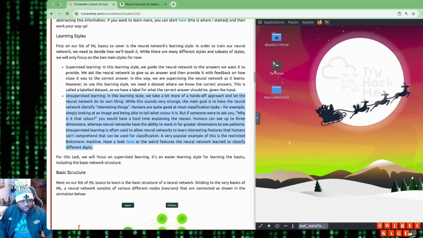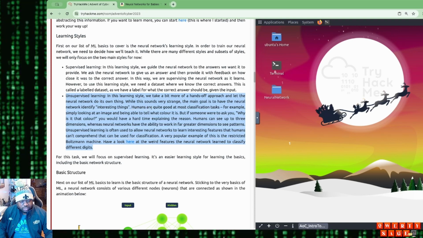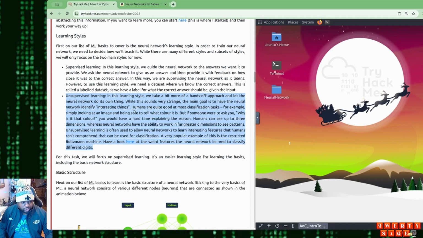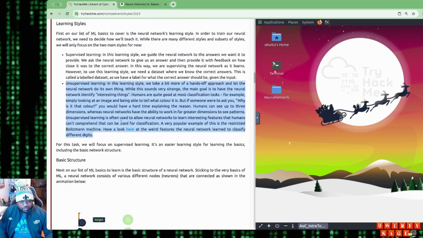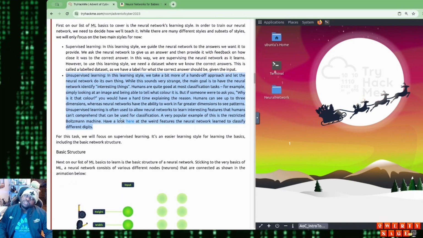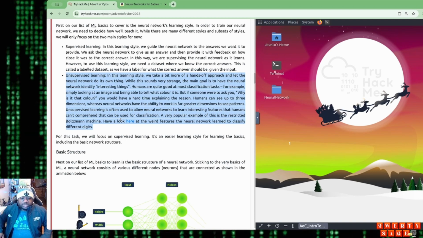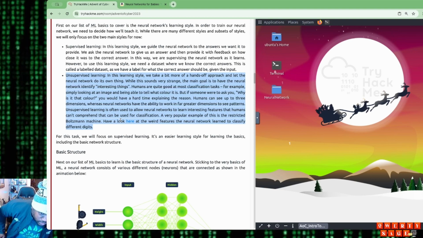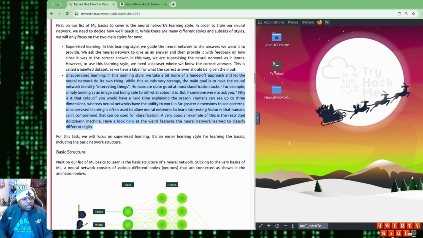While this sounds strange, the main goal is to have the neural network identify interesting things, in quotes, "interesting things." For example, simply looking at an image and being able to tell what color it is. But if someone was to ask you, why is it that color? Would you have a hard time explaining the reason?